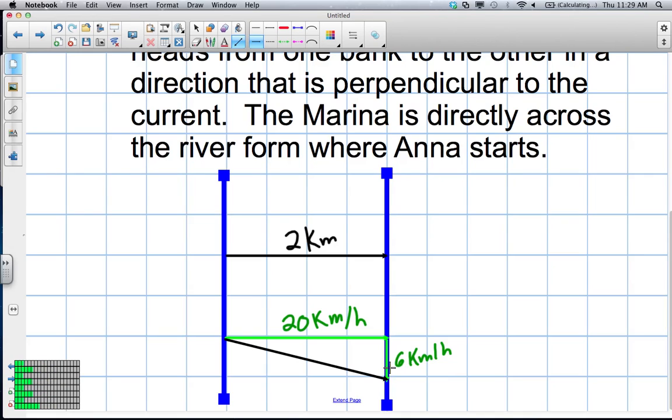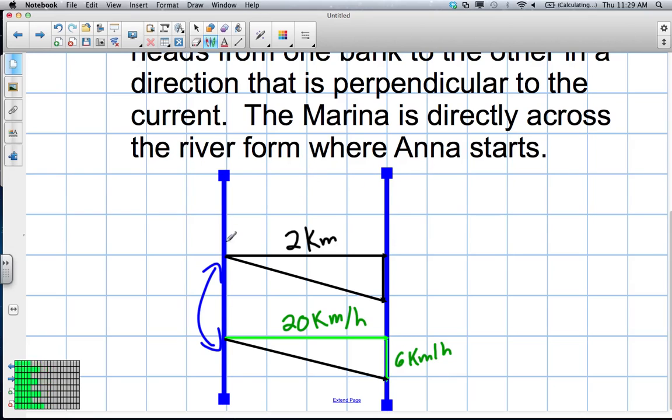Now that's with speeds. The triangle we created is with speeds, but the first question asks us how far down the river she ends up. Okay? And what we can do from that is our distance one is 2 kilometers. Well, what we're essentially going to build here is a similar triangle. So we're going to take this line. This one's going to come down here, and this here. So what we have between the 2 of these are similar triangles.